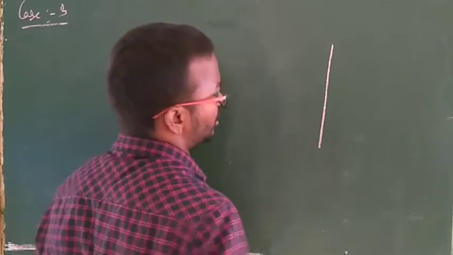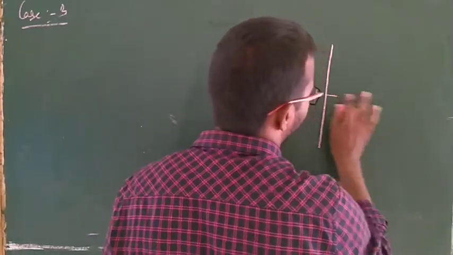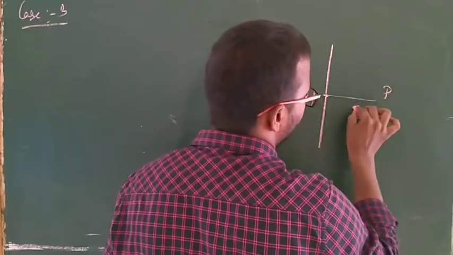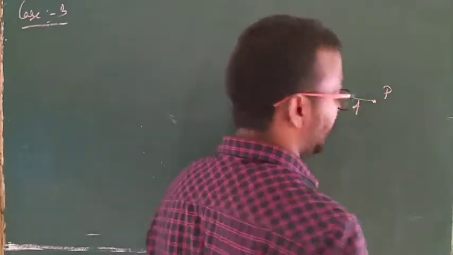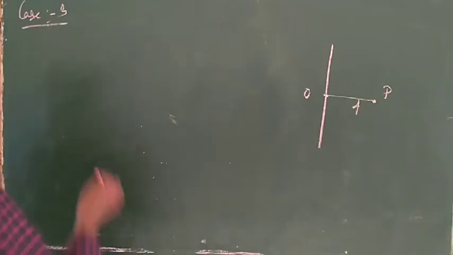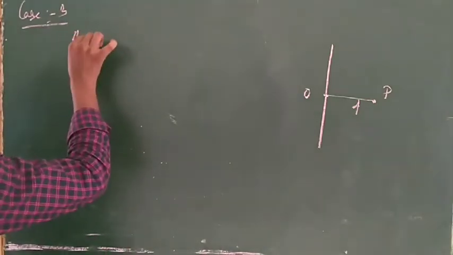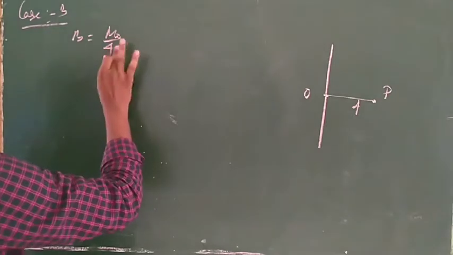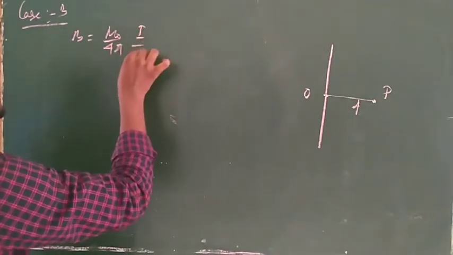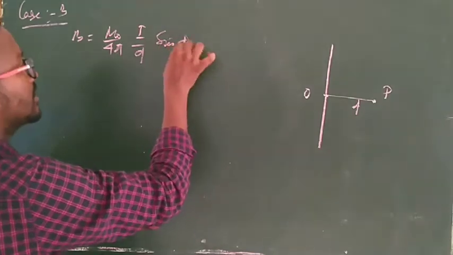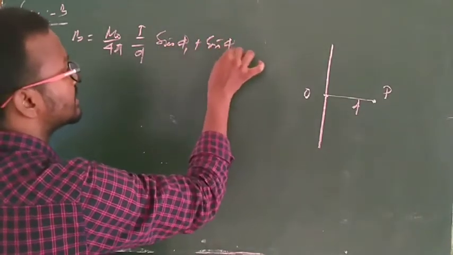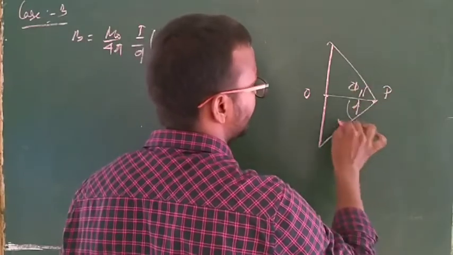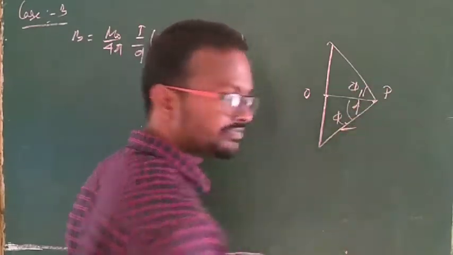This is a long straight conductor, and this is point O and this is point P, at distance D. Clear? And in this case, the magnetic field is B equals mu naught by 4 pi, I by D, times sin phi 1 plus sin phi 2, and this is phi 1 and this angle is phi 2.